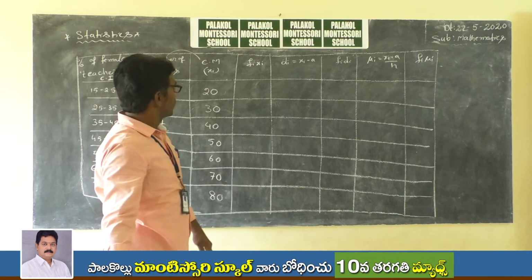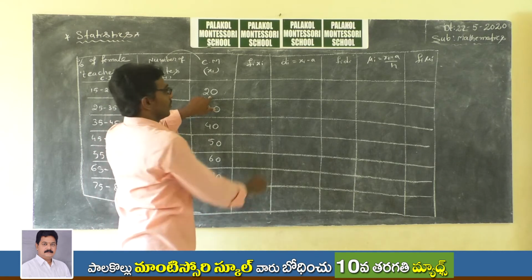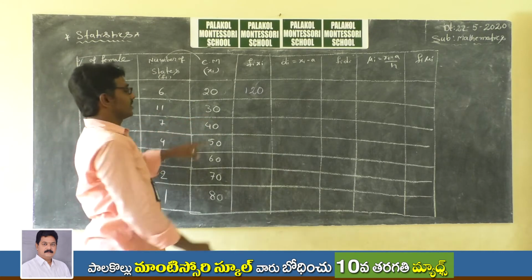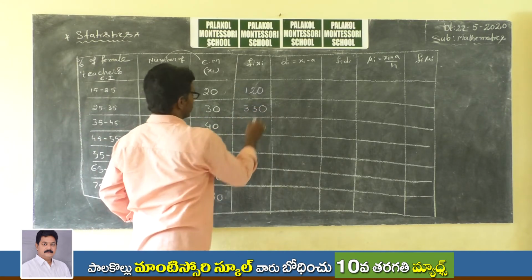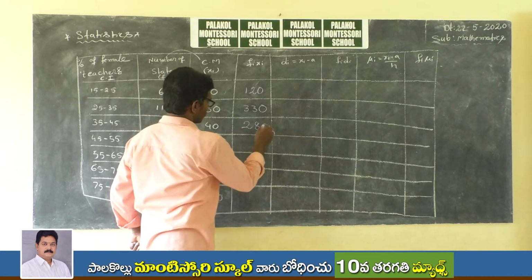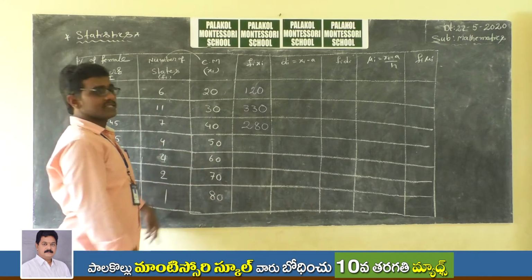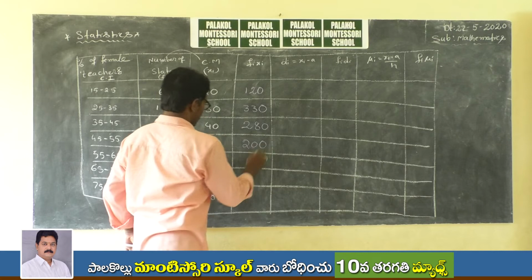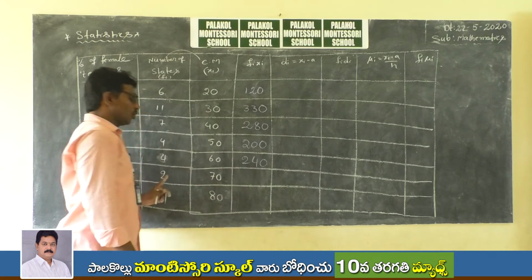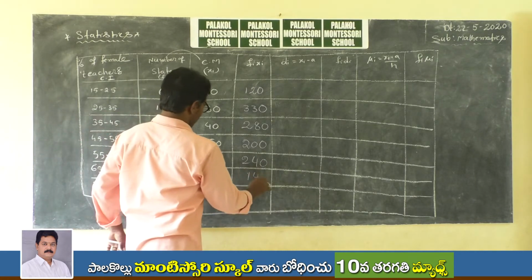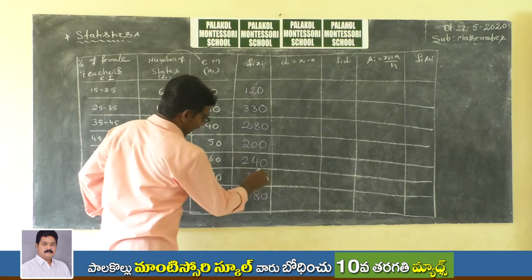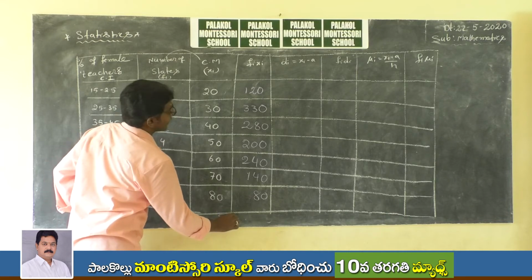So 6 twenties are 120. 11 thirties are 330. 7 forties are 280. 4 fifties are 200. 4 sixties are 240. 2 seventies are 140, and 80 is 80.